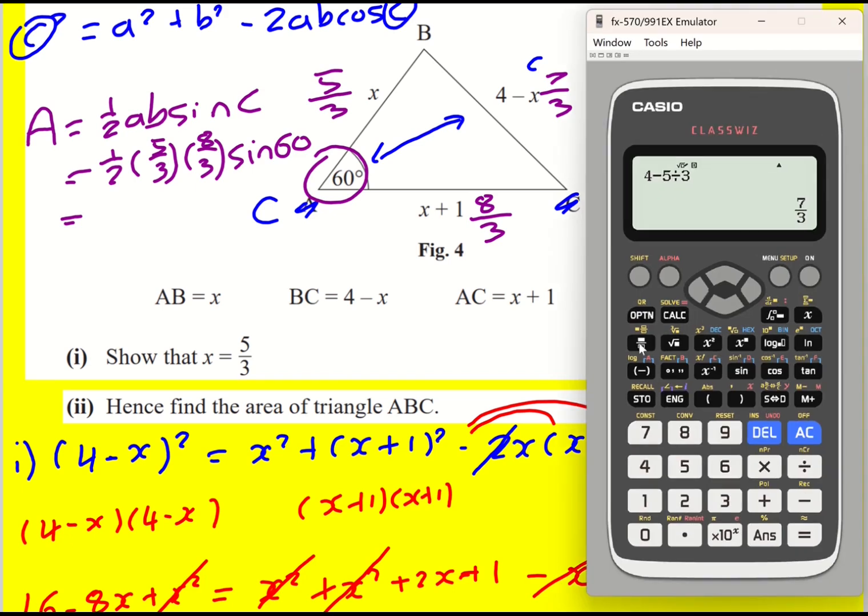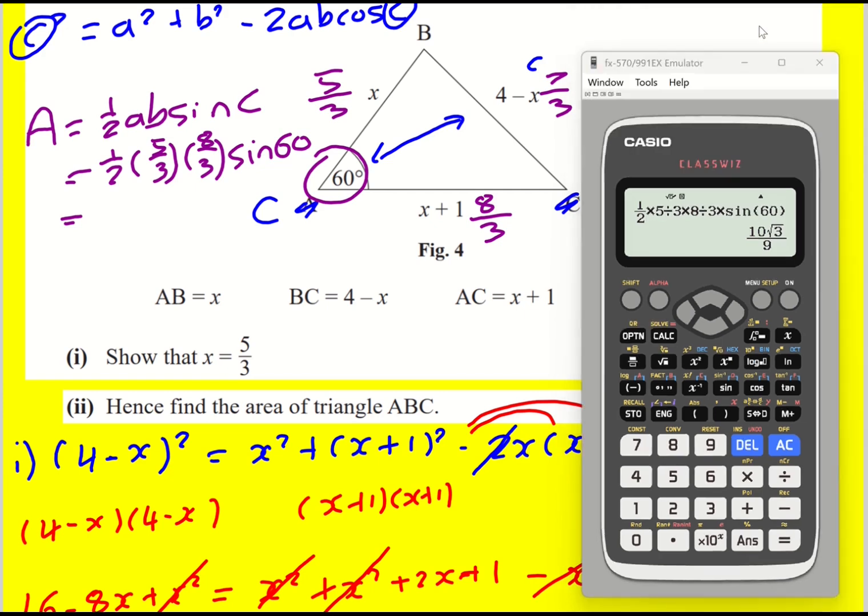Okay, let's figure that out. You can use the fraction button, or you can speed things up and just do 5 over 3, don't need brackets even, times 8 divided by 3 times sine 60. This gives us 10 root 3 over 9.